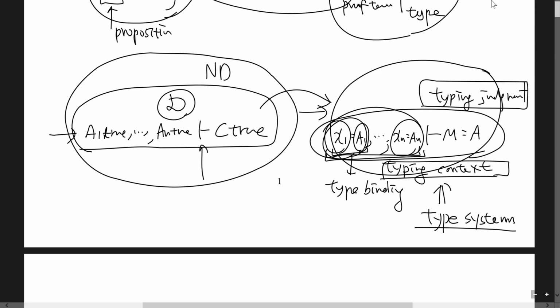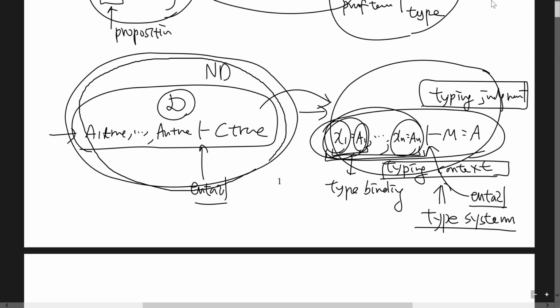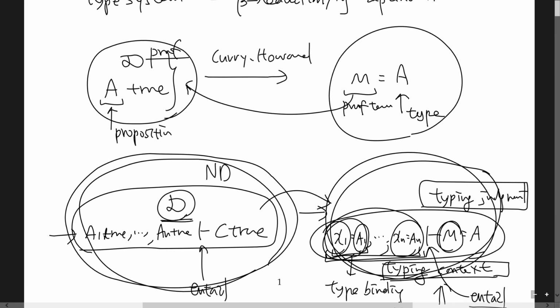So here we use entailment relation, and here we use the entailment relation. So essentially, there's no difference between this formulation and this new formulation. The only difference is superficially here we use this proof, whereas here we use the proof term. That's all. That's what is guaranteed by the Curry-Howard isomorphism, under which these proofs and proof terms are indistinguishable, and these propositions and types are indistinguishable.